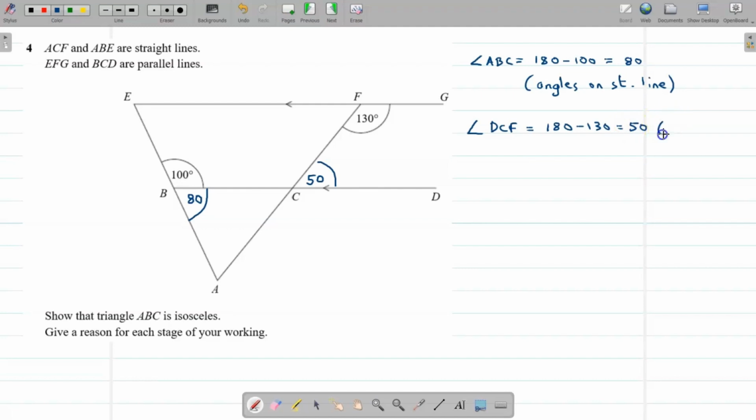Okay, and I'm just going to put co-interior. I could have worked out this angle and then used alternate to get the 50. It doesn't matter, but that's one way of doing it. This one is also 50 because it's vertically opposite. So angle BCA is 50 degrees, vertically opposite.